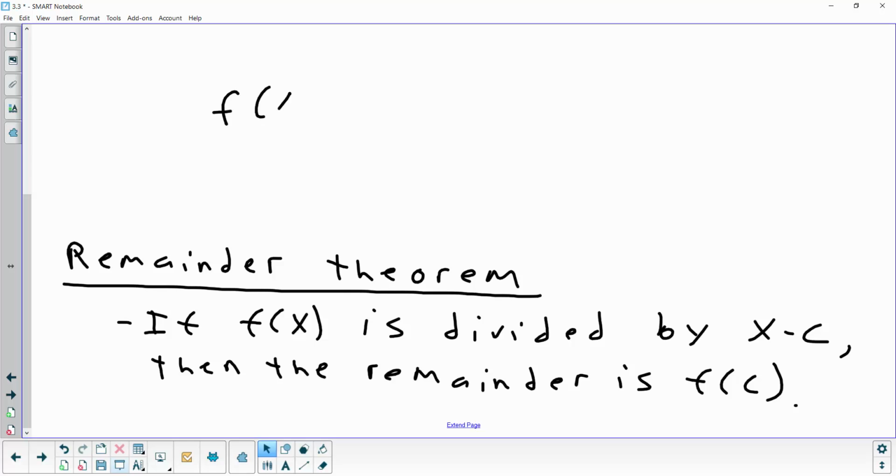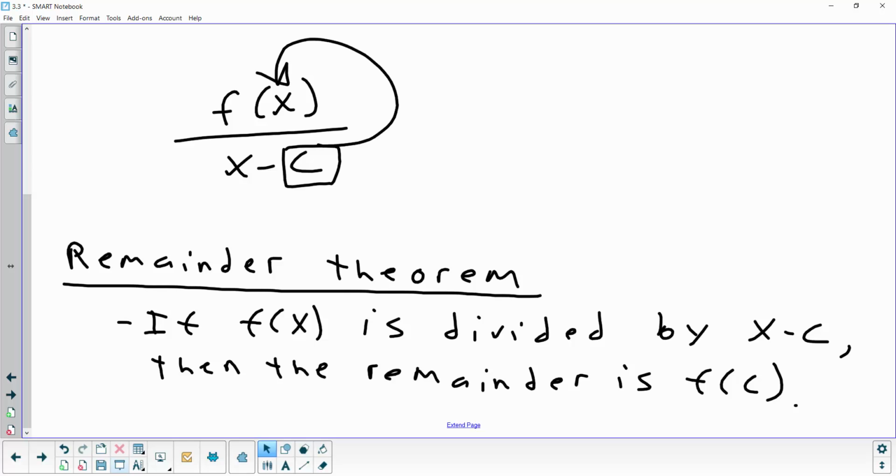So you'd have f of x on the top, you divide by x minus c in the bottom. If you're dividing by something of the form x minus c, you can take the number that comes after the minus sign. So block off the x and the minus, look at what you have left, and fill that number into the numerator. And it will automatically give you the remainder. It won't give you the quotient.